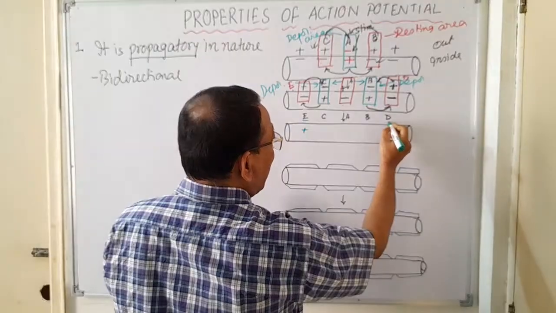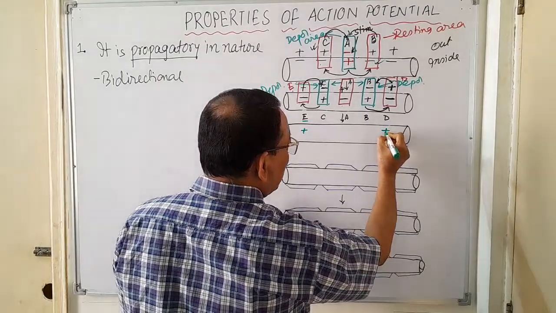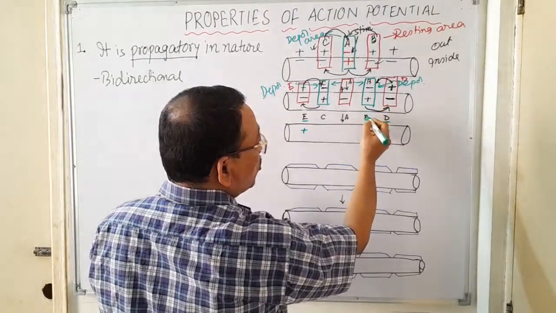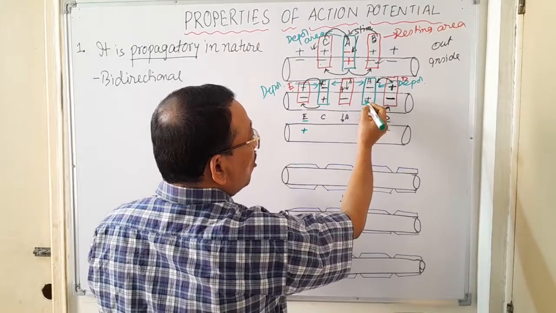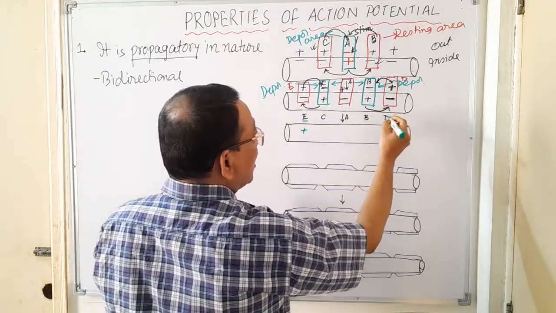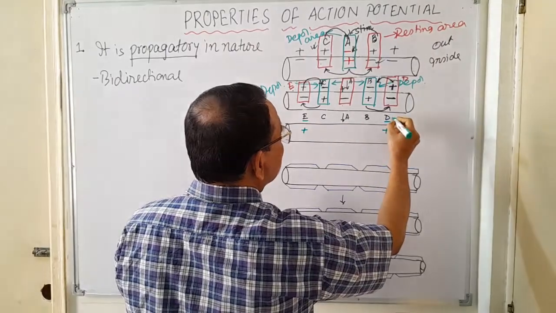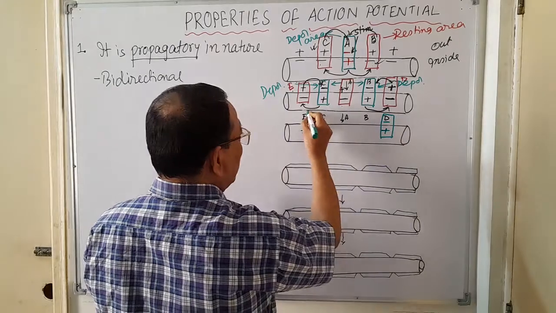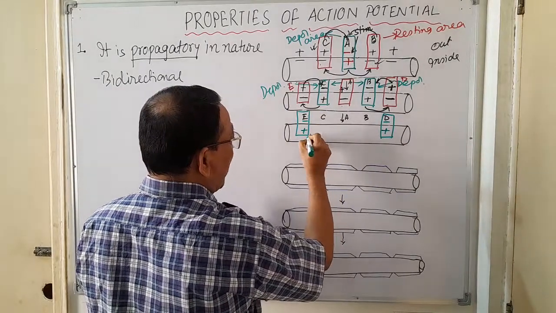Again similarly, at the D point, inside will be electropositive, outside will be electronegative, because positive ions are flowing from B to D and here C to E, making the D area and the E area depolarized.